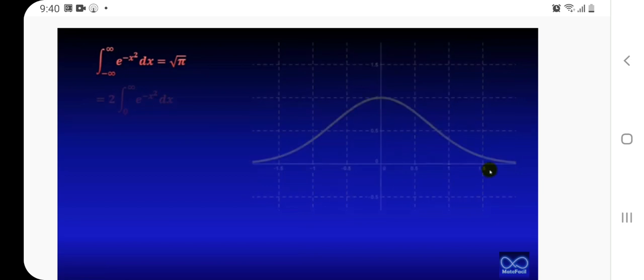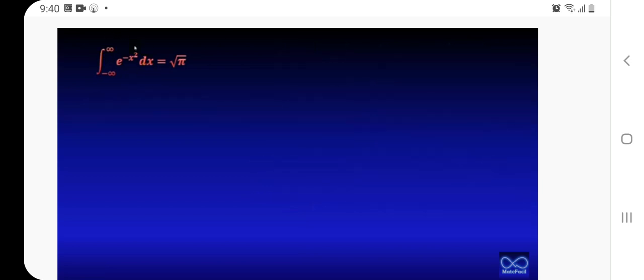Otro detalle que hay que tomar en cuenta es que en esta expresión de aquí, la x no juega ningún papel relevante. O sea, podremos tener aquí x como variable, pero podríamos tener cualquier otra variable. Podríamos en lugar de x poner y, y seguiría obteniéndose el mismo resultado. La integral de e a la menos y cuadrada dy es raíz cuadrada de pi. O podemos cambiar por la variable t, por ejemplo.